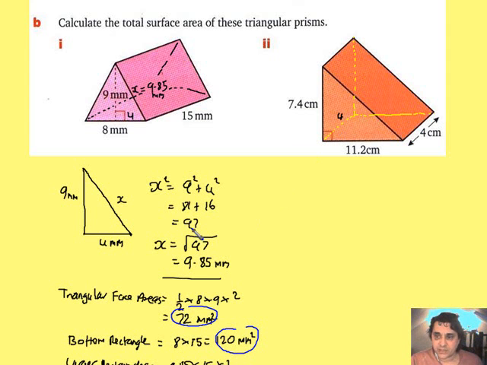Alright, so let's go Pythagoras again. Again, we'll call this long side x. So here we go, x squared equals 11.2 squared plus 7.4 squared.